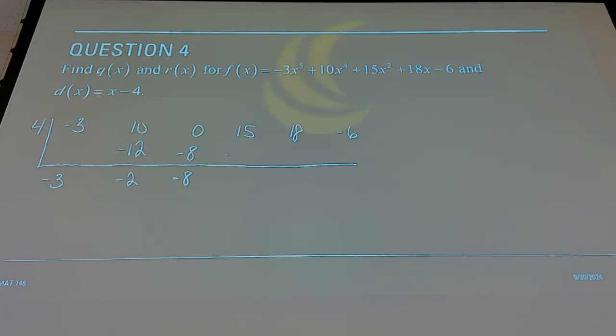Times 4, plus 15. Times 4, negative 68. Plus 18, negative 50. Times 4, plus negative 6.